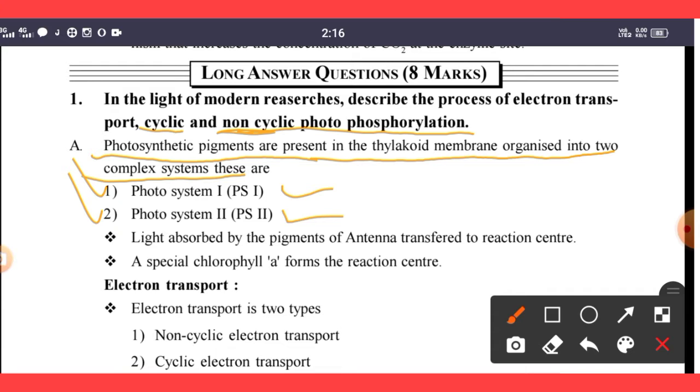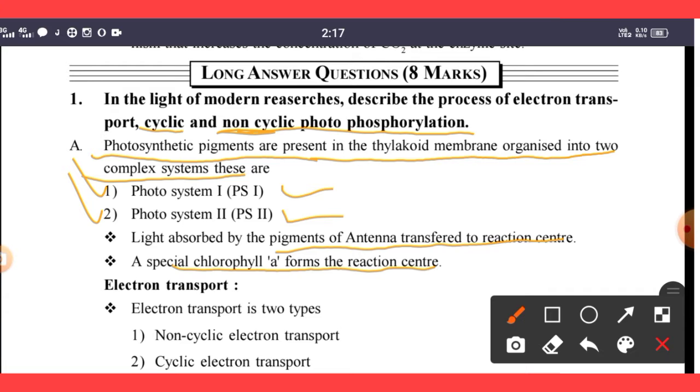Light absorbed by the pigments of the antenna is transferred to the reaction center. A special chlorophyll A forms the reaction center. So whenever the chlorophyll is excited in the reaction center, it releases electrons and gets excited.